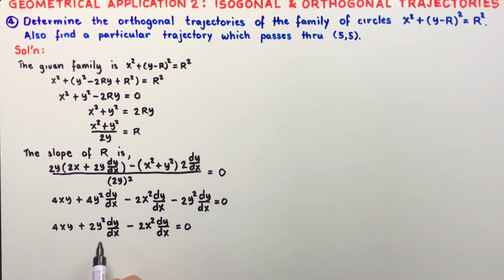And dividing both sides of the equation by 2, because we have a common factor of 2 here, we have 2xy plus y squared dy dx minus x squared times the derivative of y with respect to x, which is equal to 0.